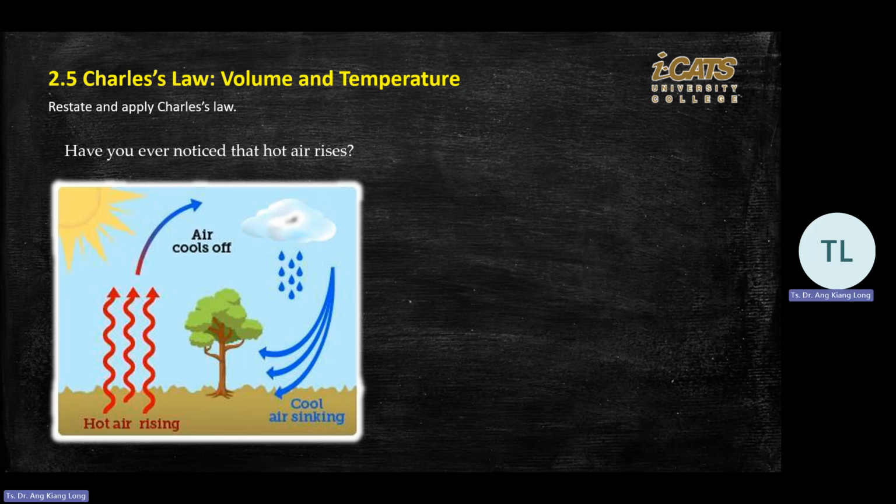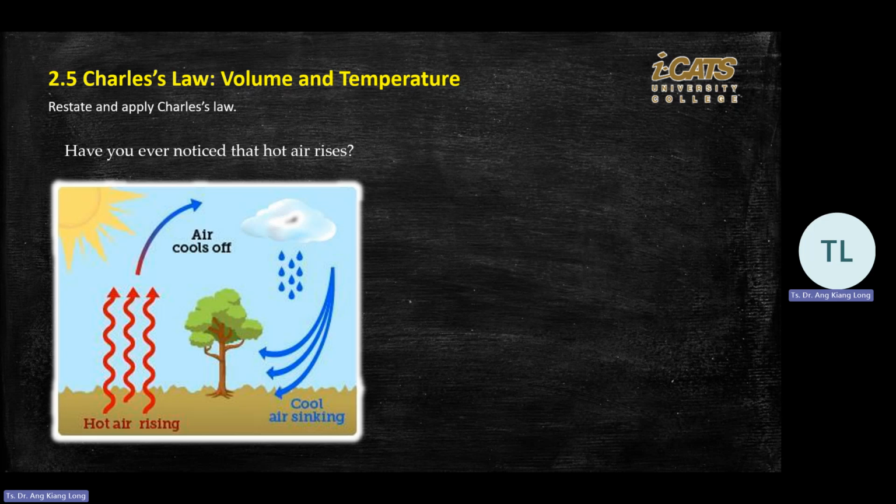So this one is related to a normal scenario that you see. If the temperature of the air is hot, it will rise higher, because hot air floats and cool air sinks. That's why you put your aircon in a high position rather than a low position.